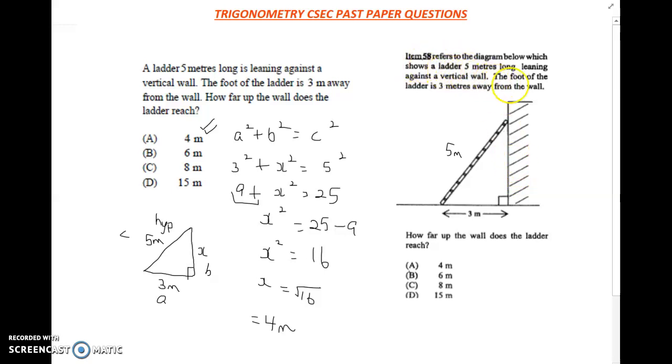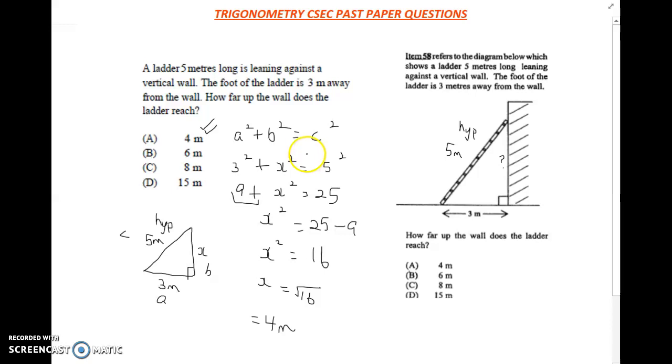The ladder is 5 meters long leaning against the vertical wall. So that's the ladder leaning on the wall. The foot of the ladder is 3 meters from the wall, right? How far does the ladder reach? So again, you want to find this piece here, right? And again, it's the same thing. The side opposite the right angle is the hypotenuse. And it's the same exact working.